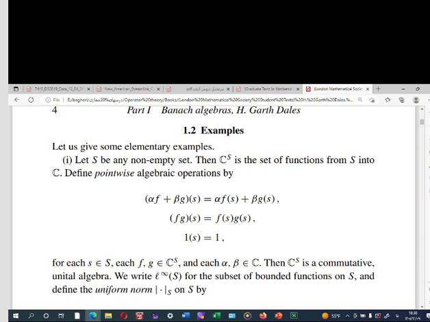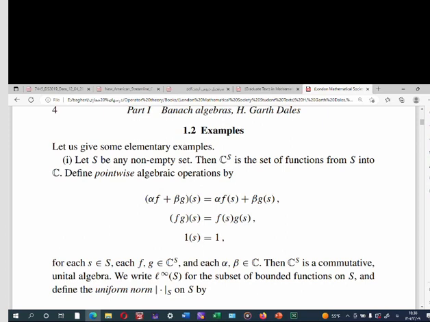We can consider a subset of this space denoted by L infinity of S, the set of all bounded elements in C^S.